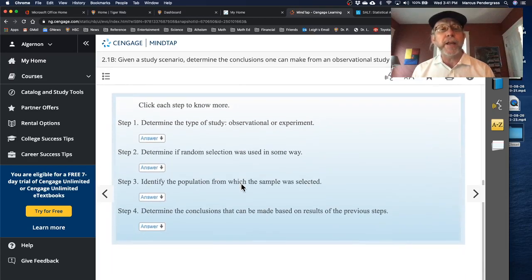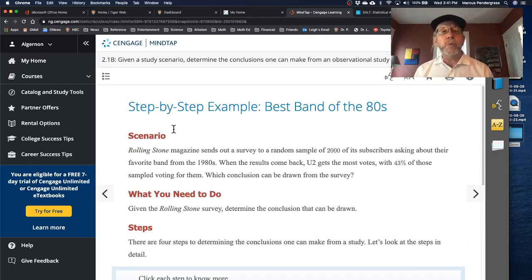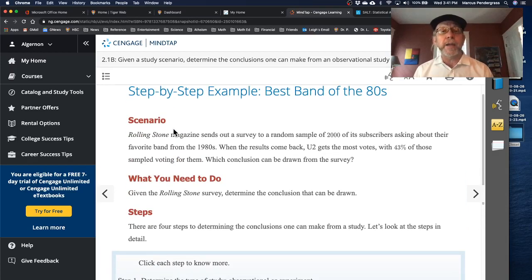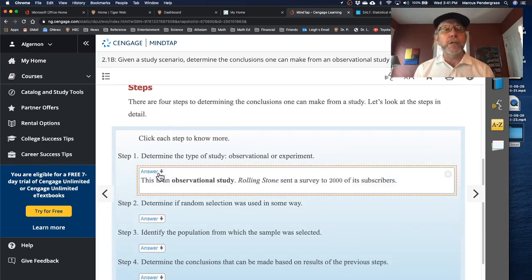So let's just take a look at how they go through that little checklist of steps to determine what's going on here. First, ask yourself, is this an observational study or an experiment? So Rolling Stone sent out a random survey to 2,000 of its readers and asked them about their favorite bands. There were no treatment groups or anything here, so this is an observational study, and that's right.